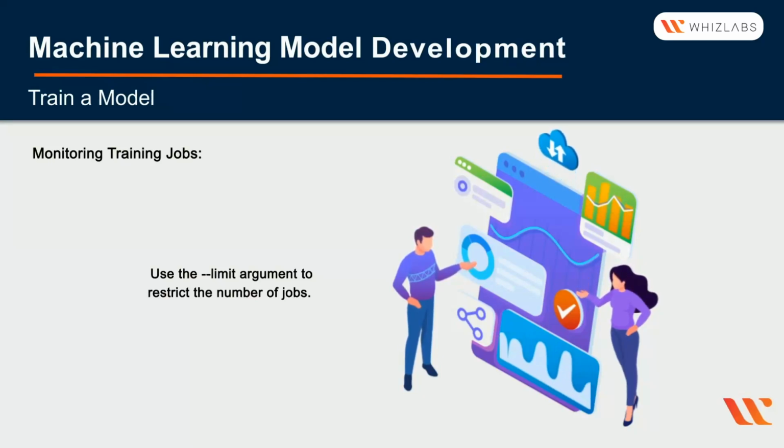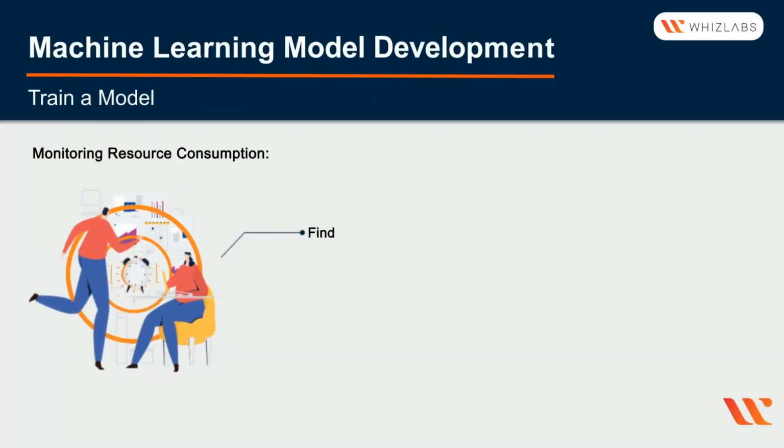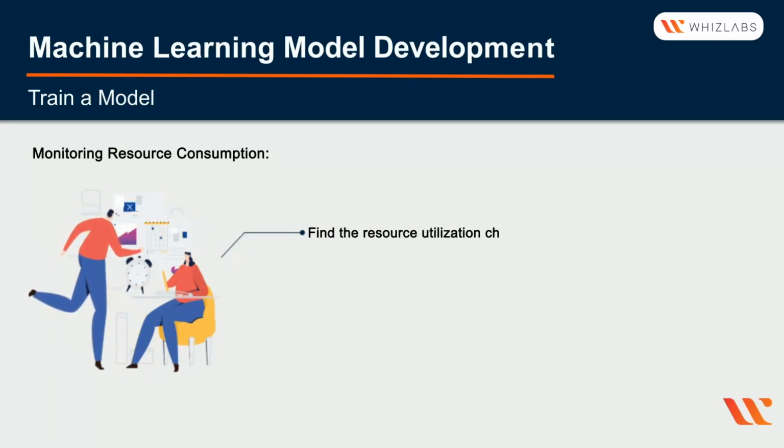Jobs can fail if there is a problem with the training application or with the AI Platform training infrastructure. So you can use Cloud Logging to start the debugging process. You can find the following resource utilization charts for the training jobs on the job details page.